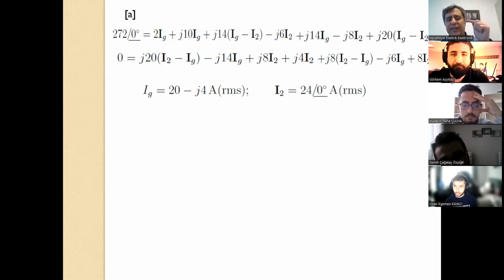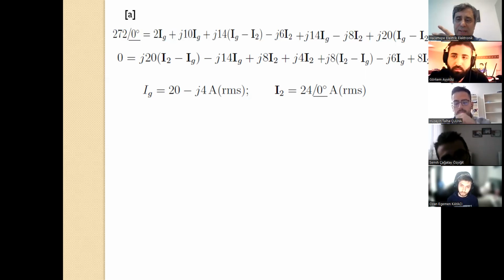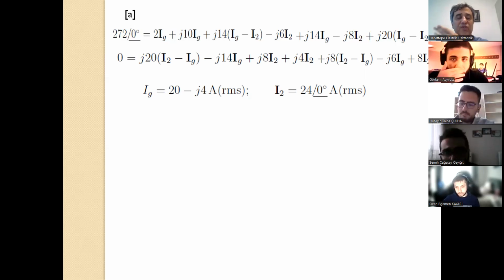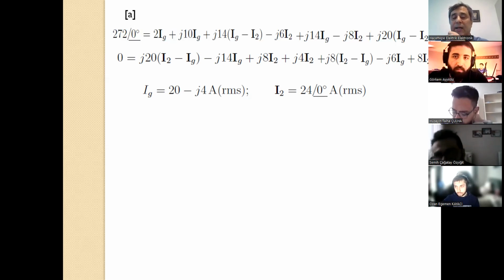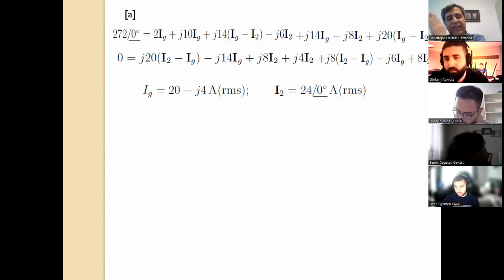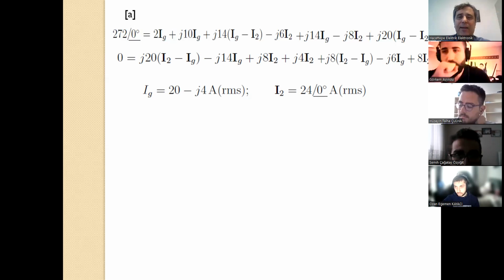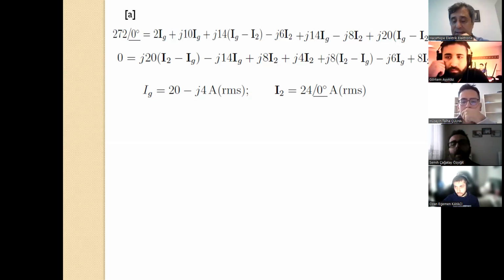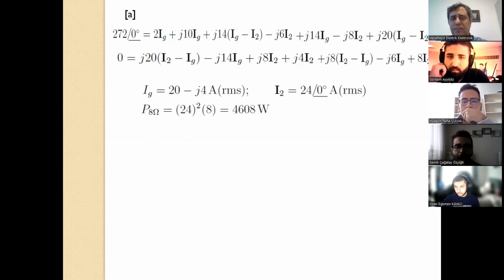If you are entering the dot, it is going to make the other dot positive, or vice versa. And then you have to define the voltages. What is the voltage on any inductive component? J omega M or L and the current over that. So these are the proper two mesh currents that you have to consider.